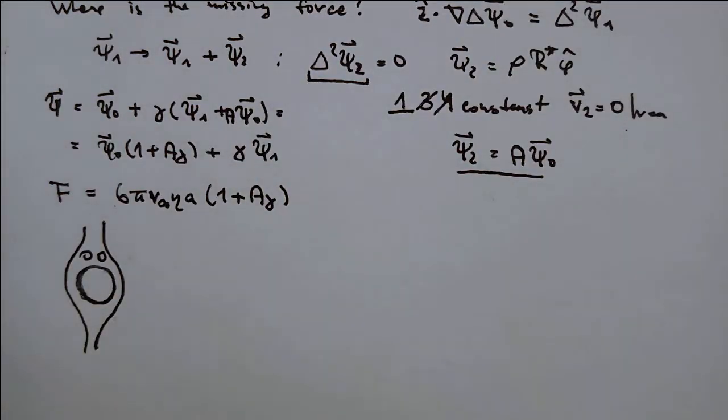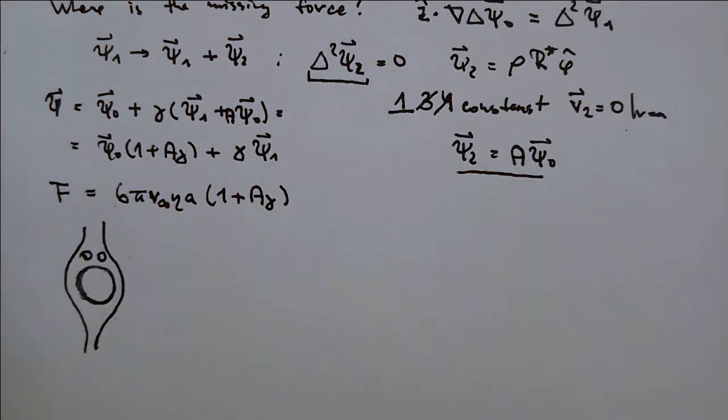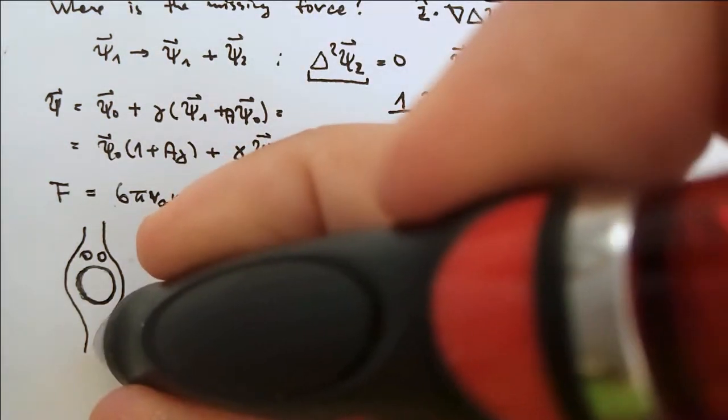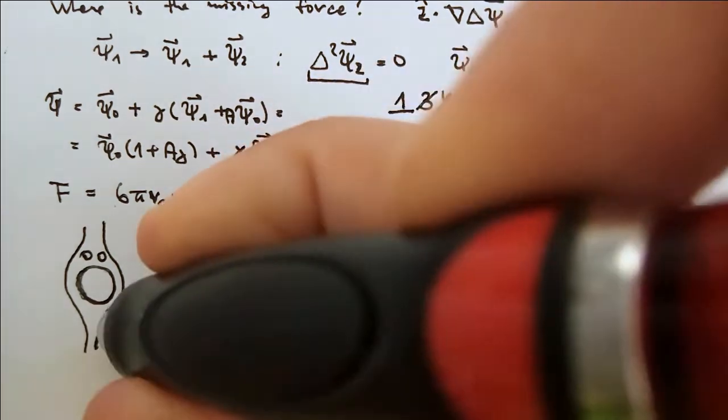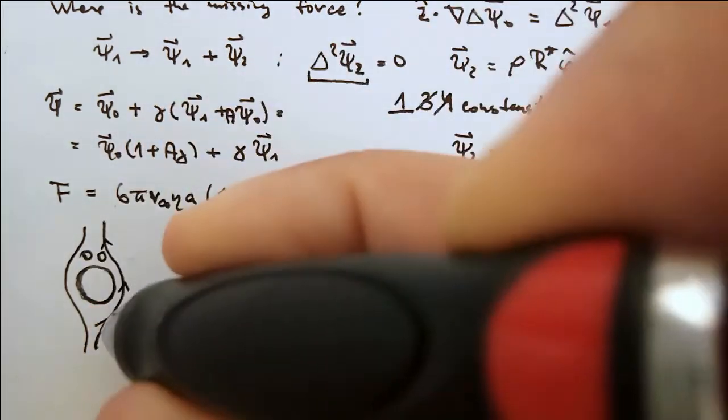Imagine you have the Oseen flow. There is some vortex, there is another one symmetrical to it, and these are the streamlines. In the Oseen approximation, you consider a small amount of inertia of the fluid. So the fluid is going in this direction.